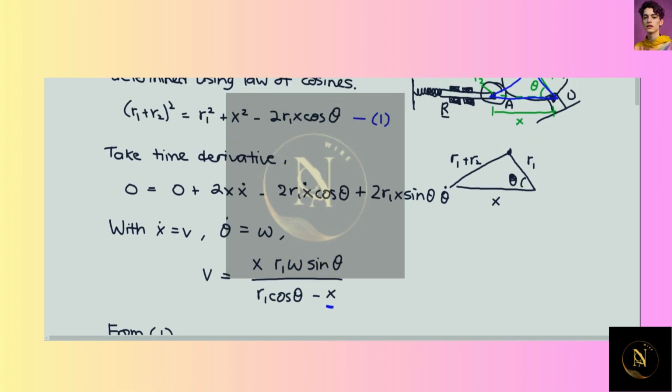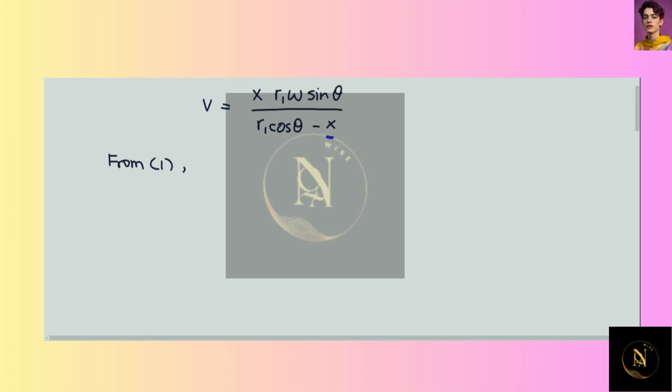We have a quadratic equation in x, with x squared and r1 x. So this is what we have: x squared minus 2x r1 cosine theta plus r1 squared minus (r1 plus r2) squared, and this is equal to 0.